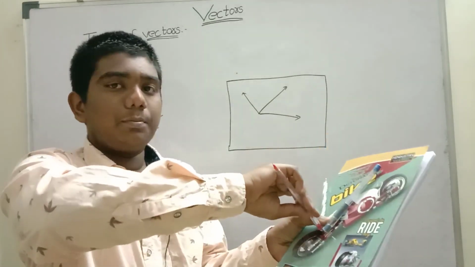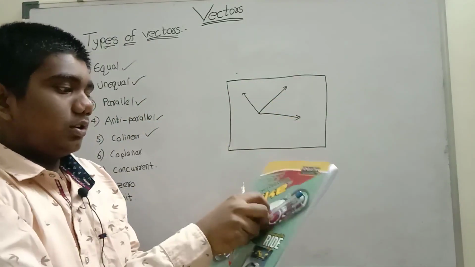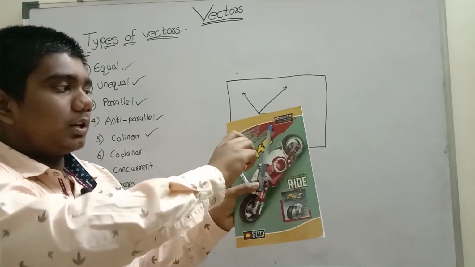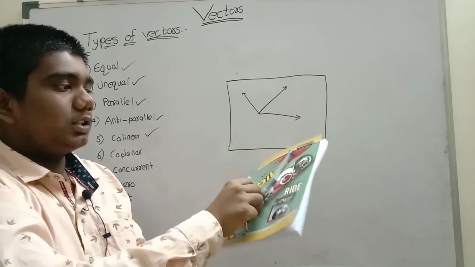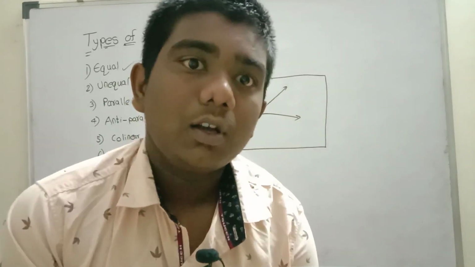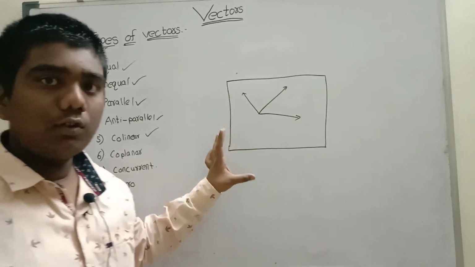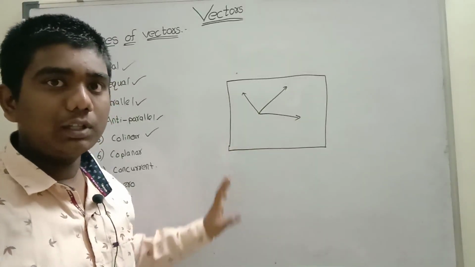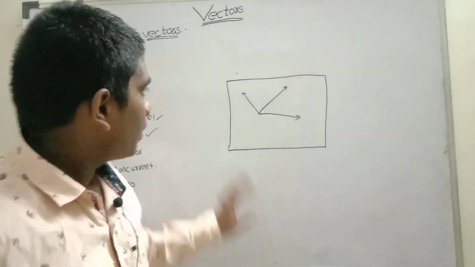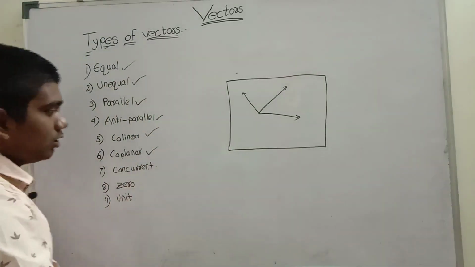If we keep it like this, it can't be, because these three are not on the same plane, so we can't say these are coplanar vectors. Two vectors are always in the same plane, but three vectors may or may not be in the same plane. This is about coplanar.